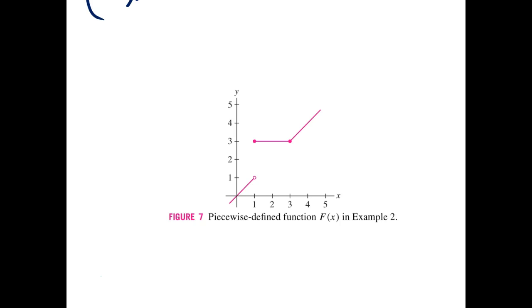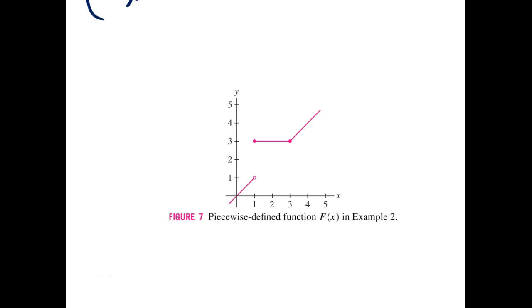Okay. Is this portion left continuous? No. Is it right continuous? No. How about this portion? Left continuous at x equal 1, right continuous at x equal 3. Okay? How about this portion? Is it left continuous at x equal 3? Yes, it is.